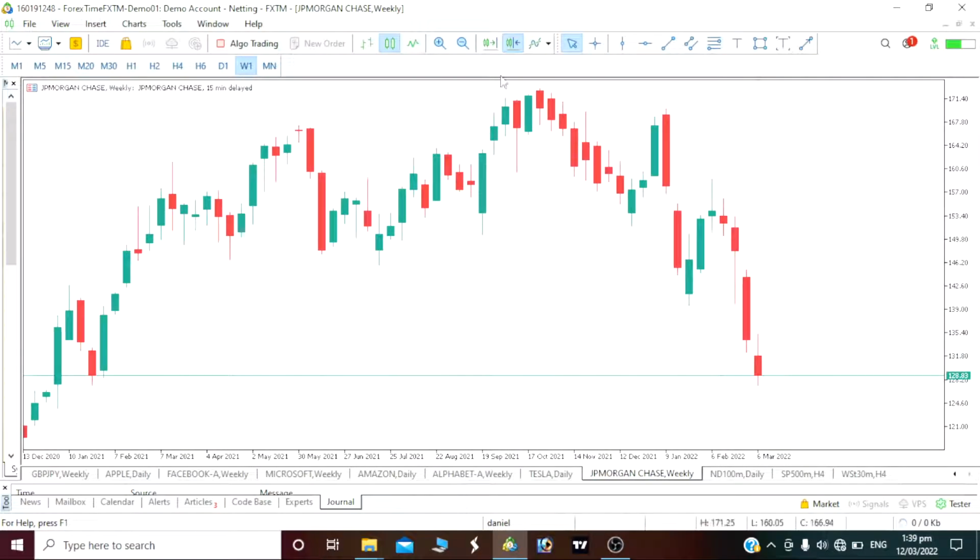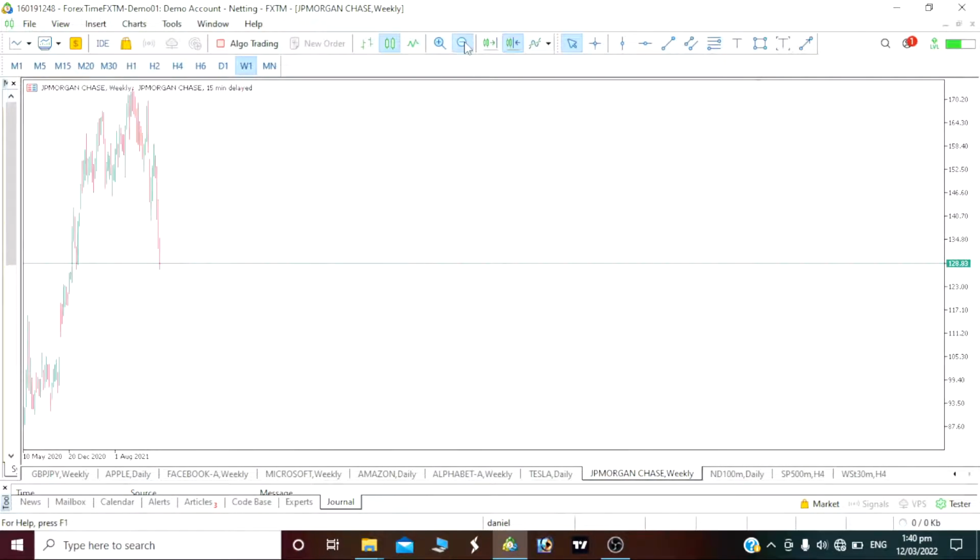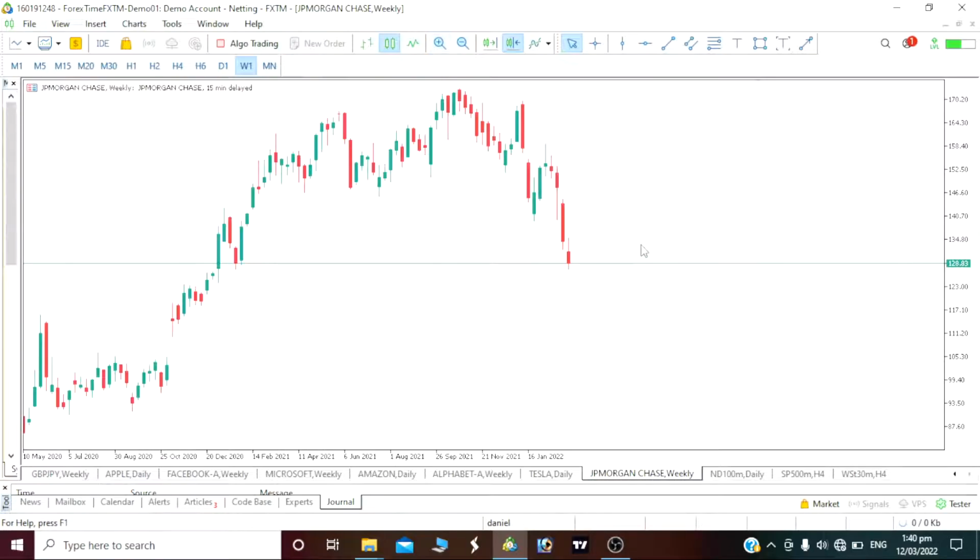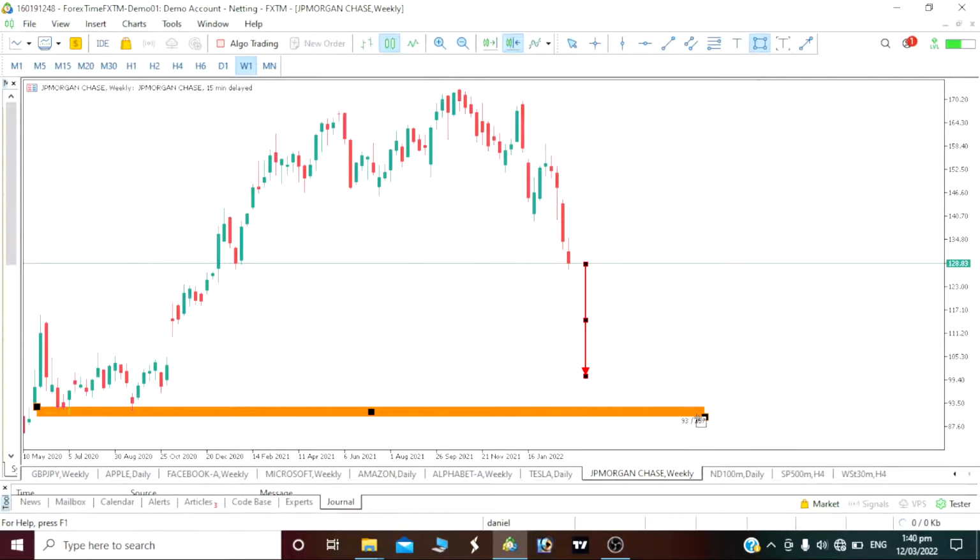Our JP Morgan Chase, as you can see, is still bearish, so we will also want to be going bearish. Possibly this week will also be bearish to this key area here. So we should be seeing our bearish move to this area between this week, next week, and the next 2 weeks.